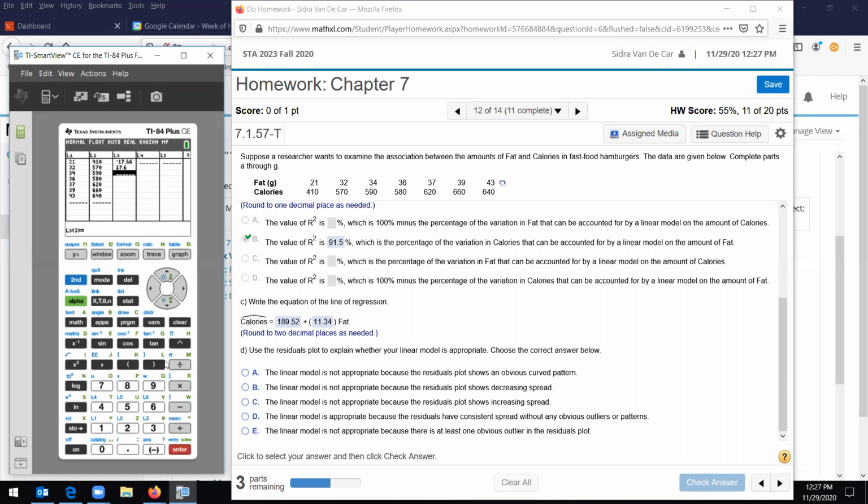And then 590 minus 34. And then 580 minus 36.